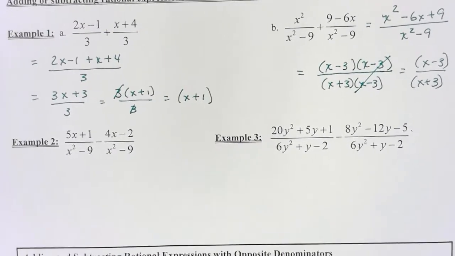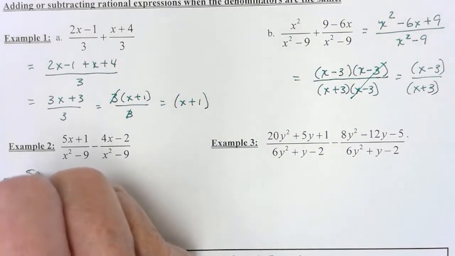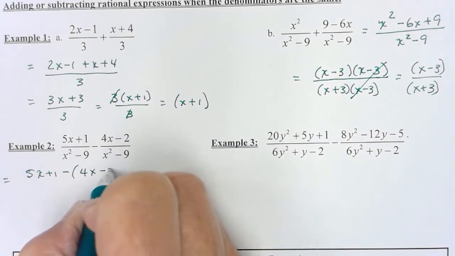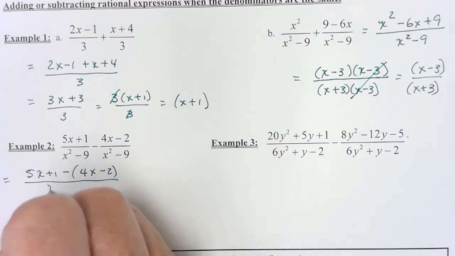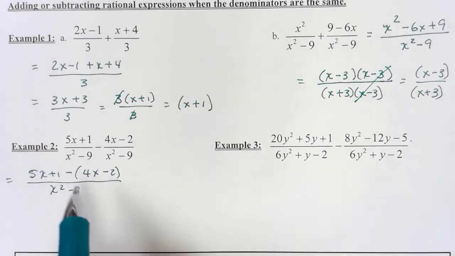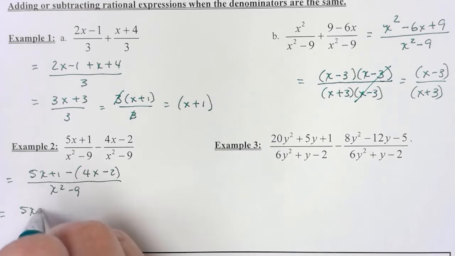Now we're going to be looking at subtraction. The next thing I'm going to do, hopefully you will do, if you don't, chances are good you'll miss the problem. Put the second numerator in parentheses because I need to distribute that sign.